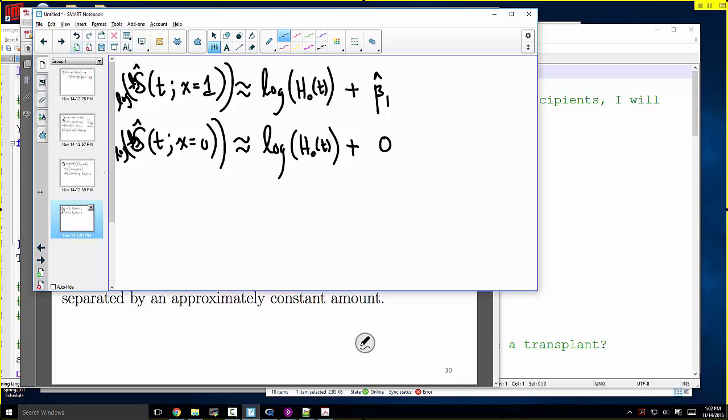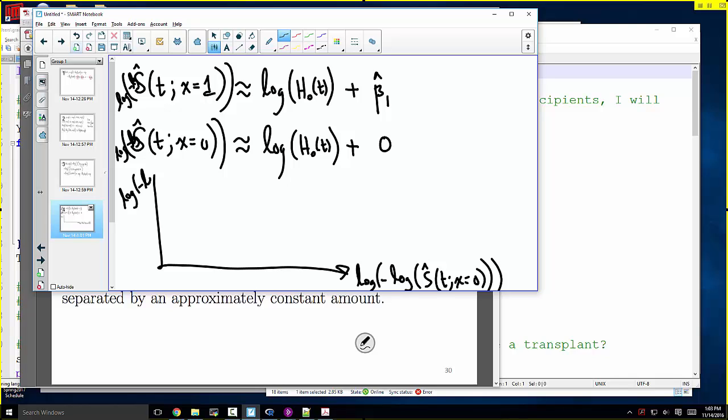Okay, so what this means is that if we compute a Kaplan-Meier survival curve for x equal 1 and another Kaplan-Meier curve for x equals 0, and then if we draw the log minus log survival curve estimates against each other, what we should have is that the y-axis is equal to the x-axis plus some constant.